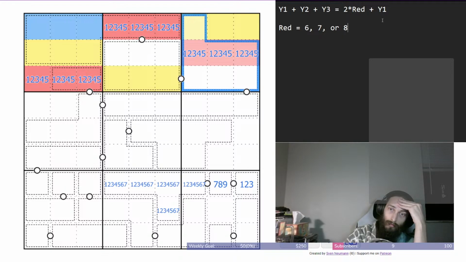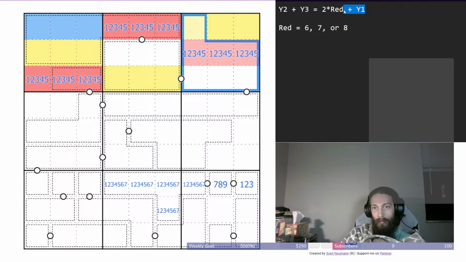Now, if red is 6, that's 1, 2, 3. And y2 plus y3 is equal to red, which would be 6. Well, 6 is 1 and 5 or 2 and 4, and you cannot do that with the 1, 2, 3. So red cannot be 6.